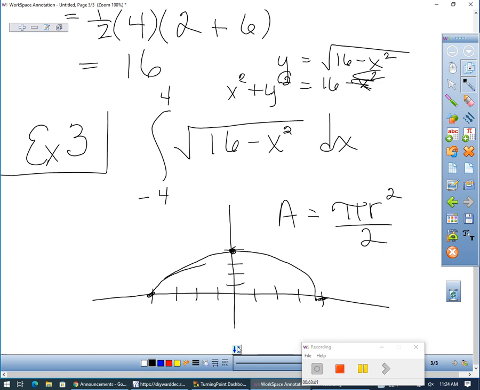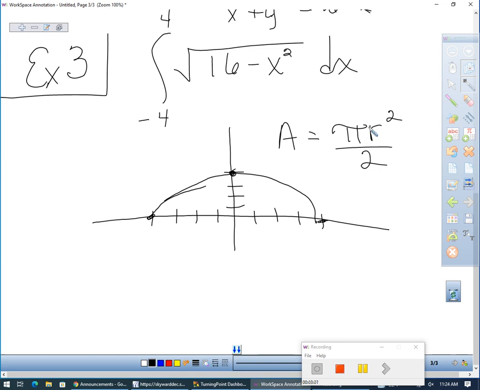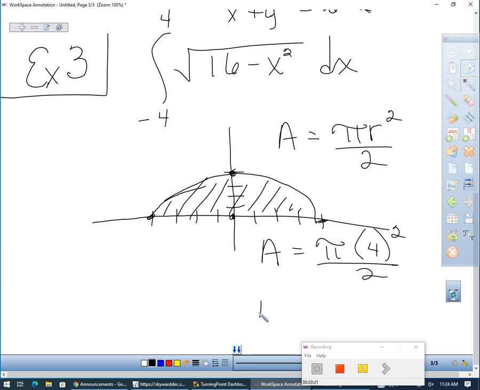All right, so let's plug in, because we're finding this area, right? What's the only thing I need to plug in here? What is the radius? From the center of the circle, it is 4, exactly. So our area is pi 4 squared divided by 2, or the area equals 8 pi. Very good.